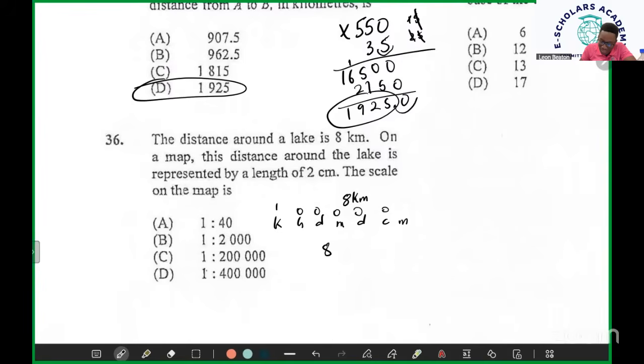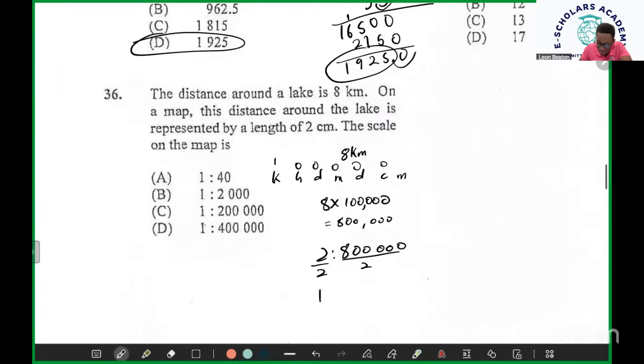So this would be 8 times 100,000, which will give me 800,000. So the scale would be 2 to 800,000. I divide both sides by 2 and end up with 1 to 400,000, which is D.